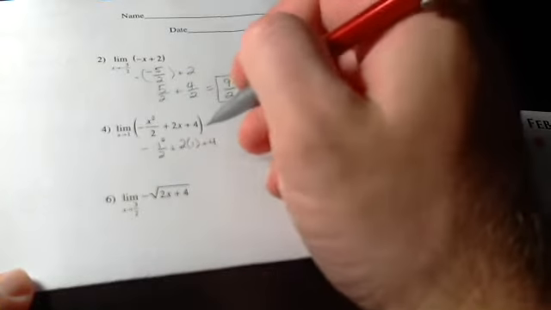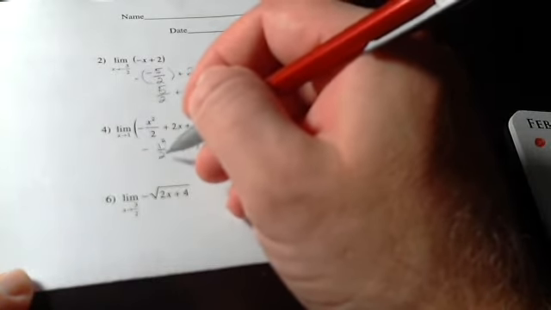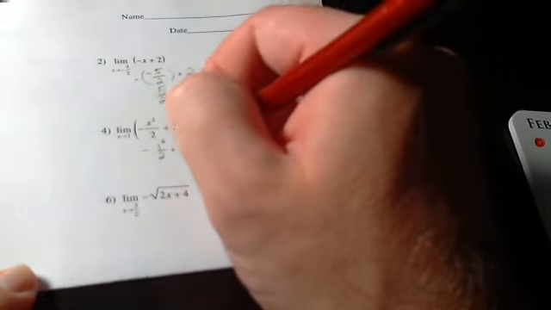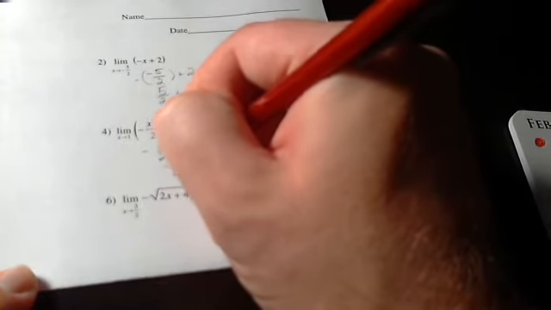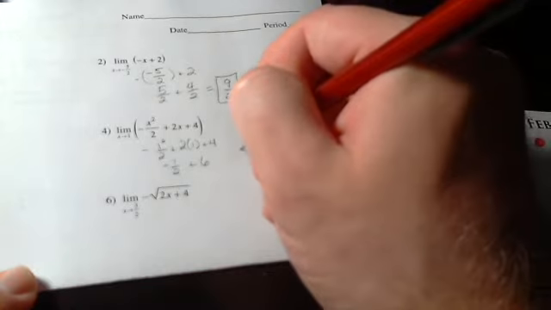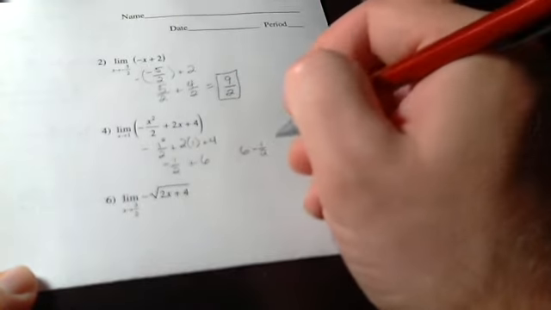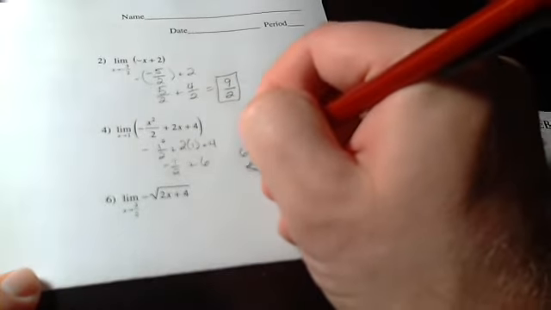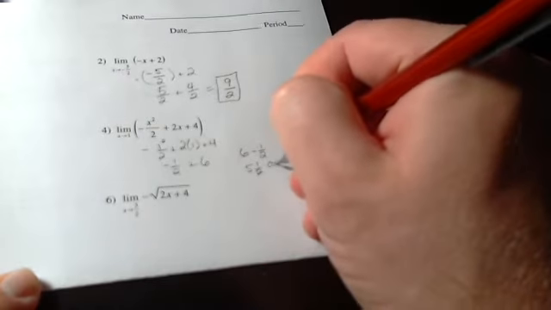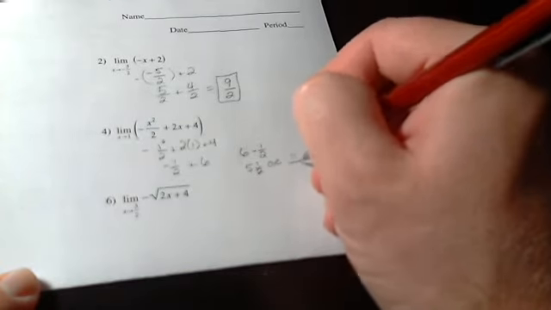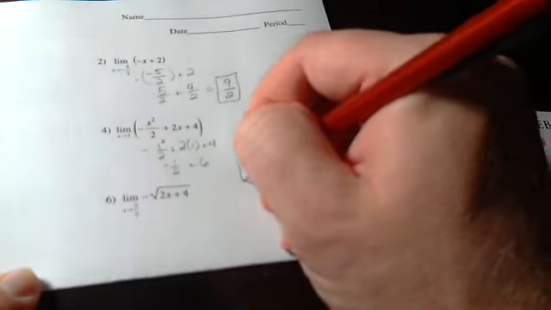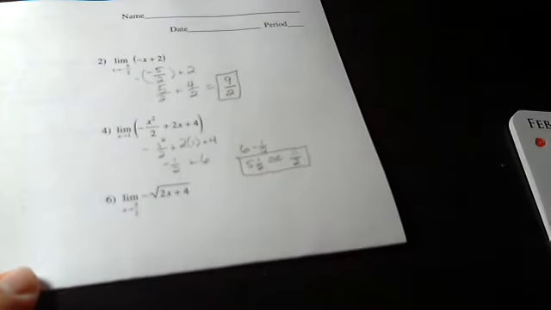So we'll have 6 minus 1/2. Really, this is -1/2 plus 6. So 6 minus 1/2, which I guess we could say 5.5, or how about 11 over 2? Okay.